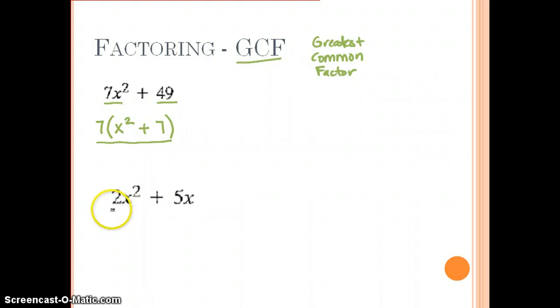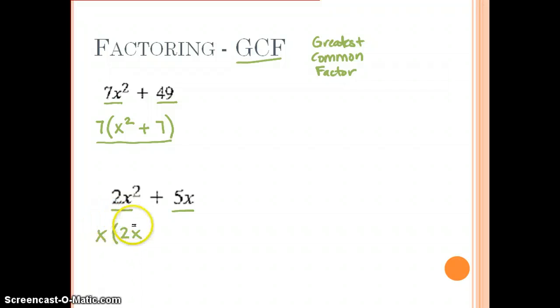So if I look at the second example I have here, if I look at just the numbers 2 and 5, 2 and 5 have no factors in common, but x squared and x each have an x in common. So I'm going to factor out an x. So that means in order to get this value back, I would have had to distribute x to 2x.